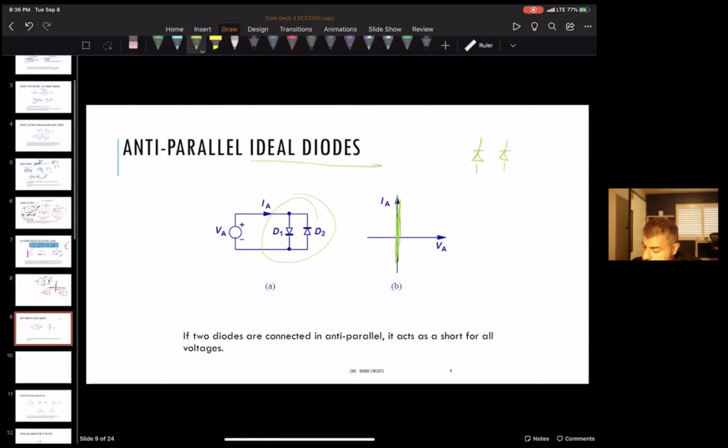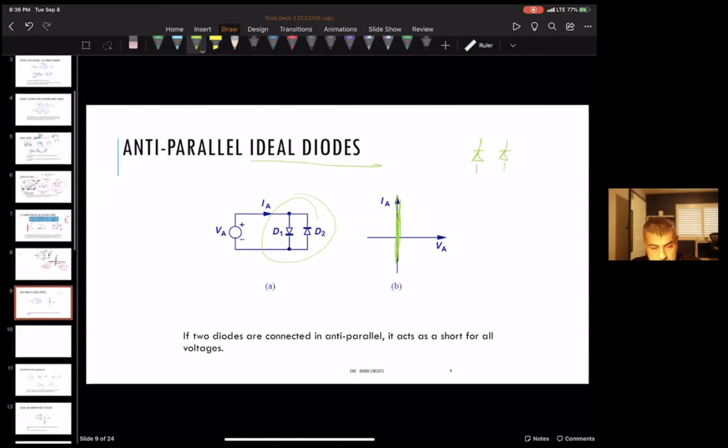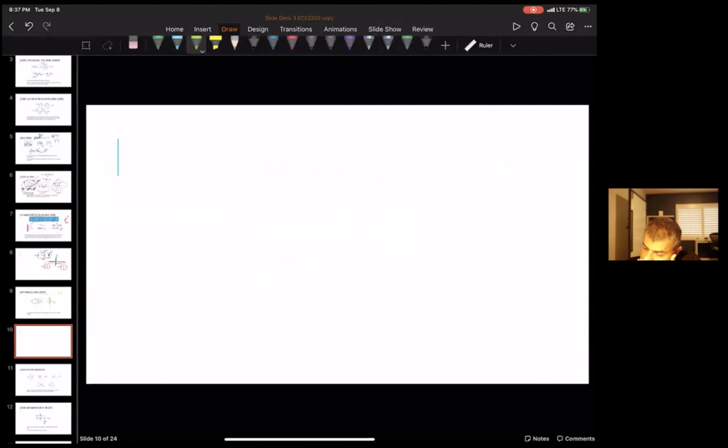All right, let's use another example. Let's say we have a voltage source V sub X. It's getting a little trickier here.